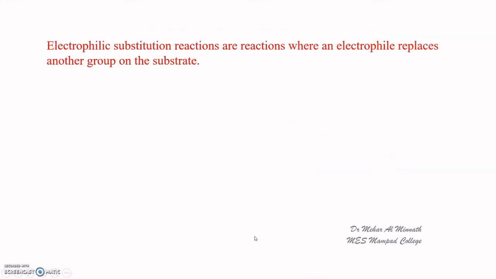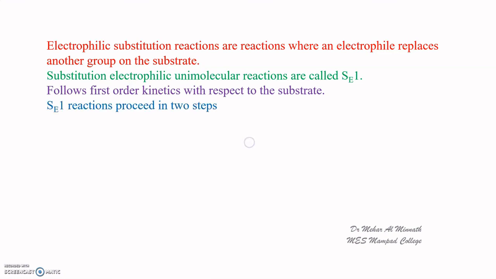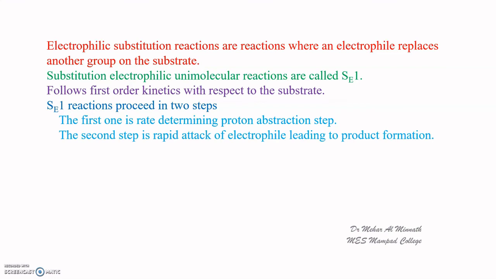So to summarize whatever we have discussed till now, electrophilic substitutions involve the replacement of a group or hydrogen on the substrate by an electrophile. And when we talk about the SE1 mechanism, it is a unimolecular reaction following first order kinetics with respect to substrate, and it proceeds via two steps, that is the rate-determining proton abstraction step, formation of carbanion, and then formation of the product by the attack of the electrophile.